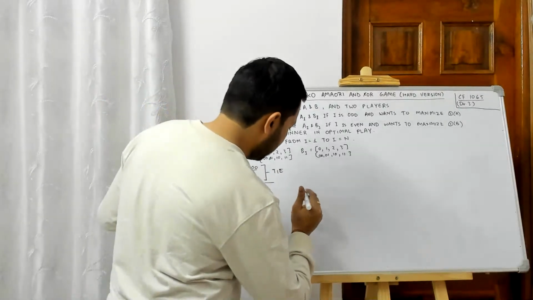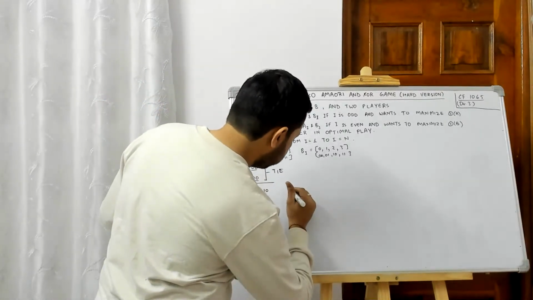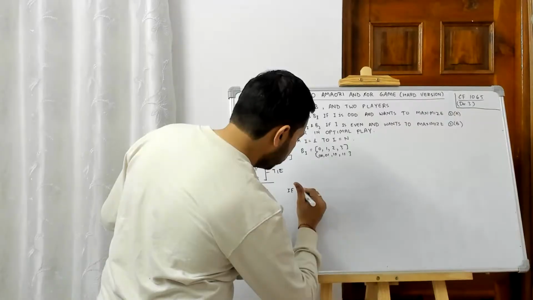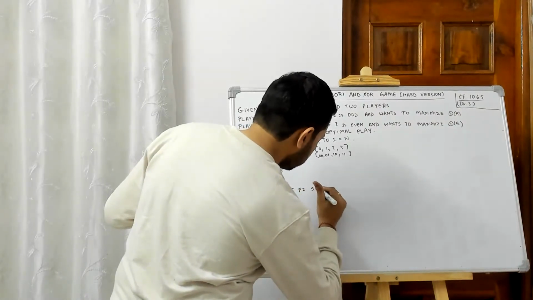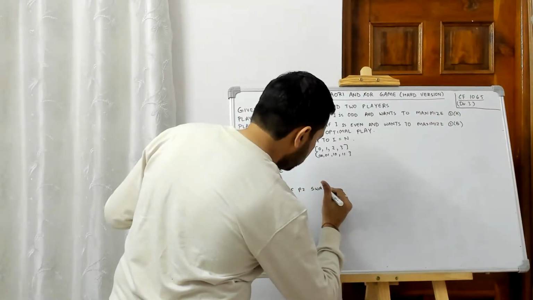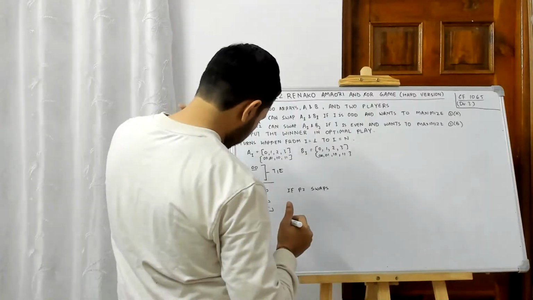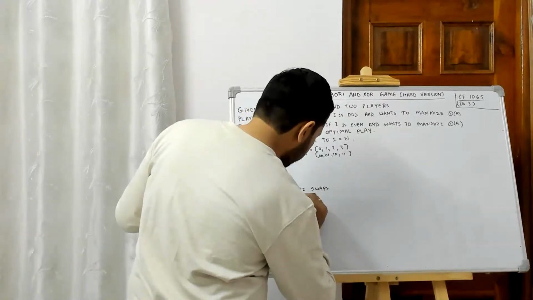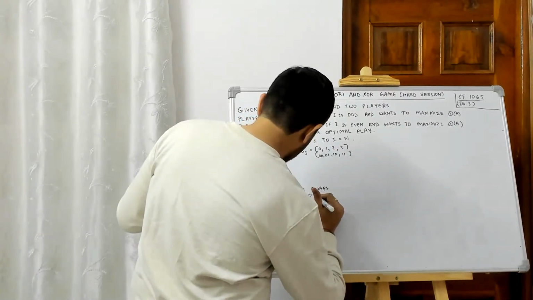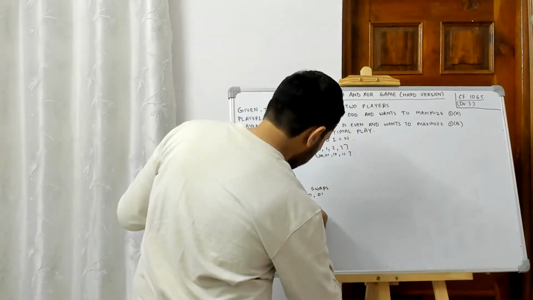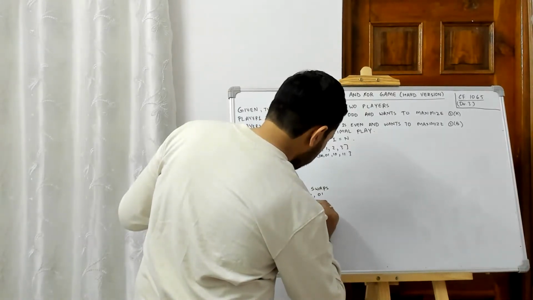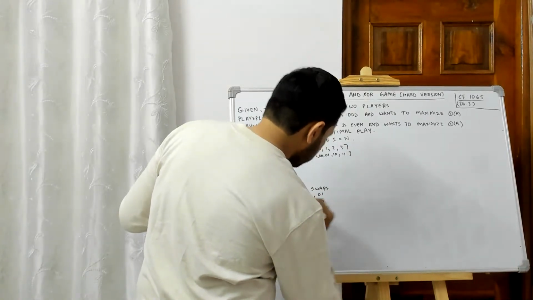So now what will happen? If P2 swaps, then A will be 0, 0, 0, 1 and B will be 0, 0, 1, 0.